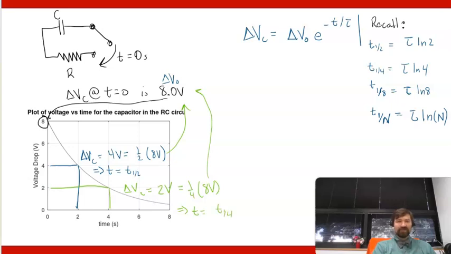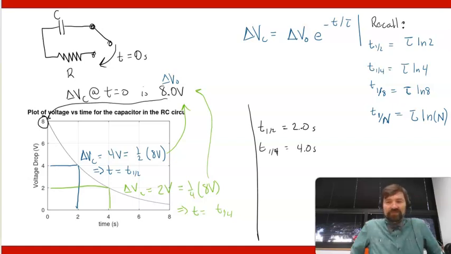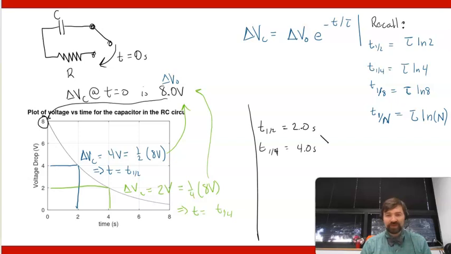Okay, basically what that means is that for this graph, we've determined that T1/2 is equal to 2 seconds, and T1/4 is equal to 4 seconds. And that matches the code that I showed a moment ago. From this, we can determine a value for tau by rearranging these two equations.